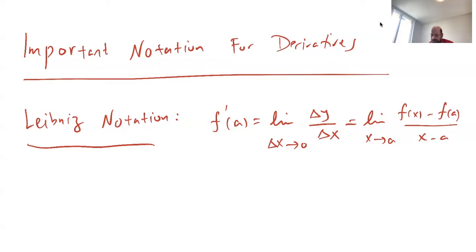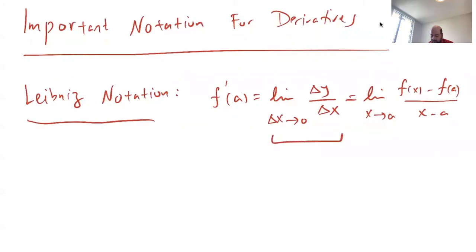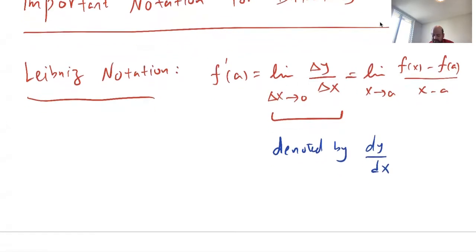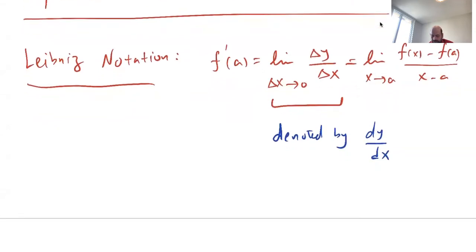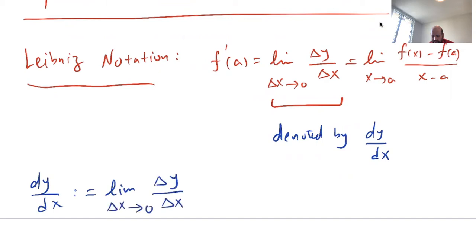delta x, which is the difference between x and a, approaches 0. Right? So now the notation that we use for this one is denoted by dy/dx. So dy/dx represents this limit of delta y over delta x as delta x approaches 0. So dy/dx is defined as the limit of delta y over delta x as delta x approaches 0.